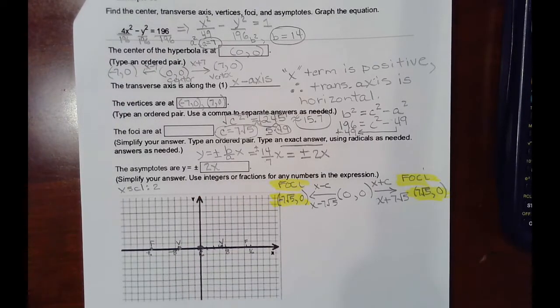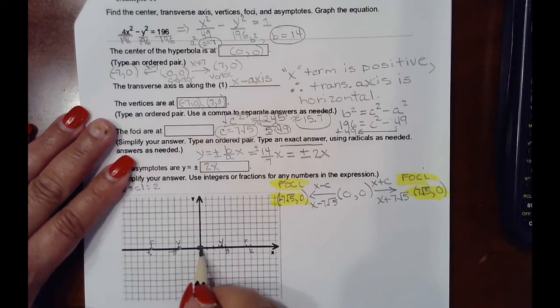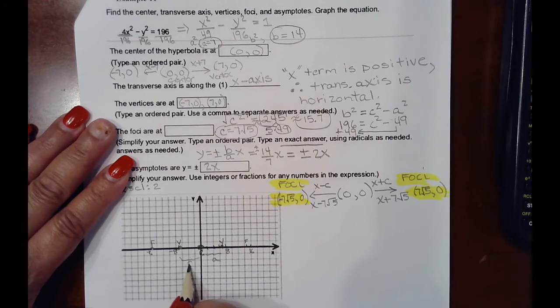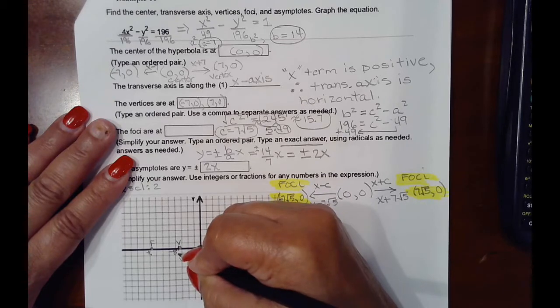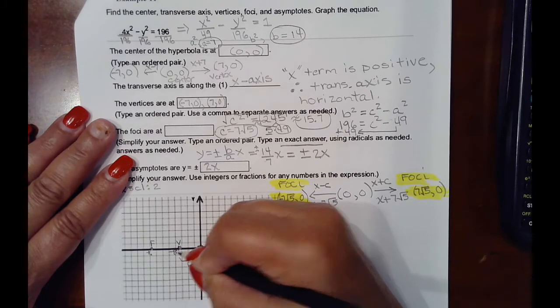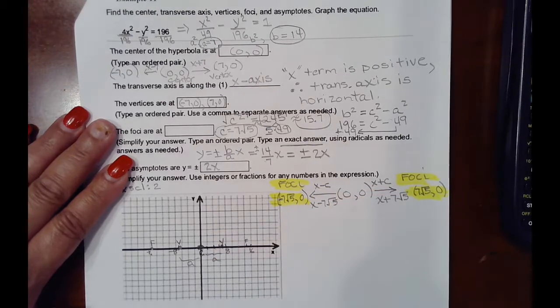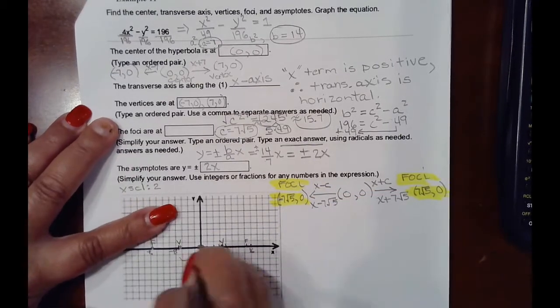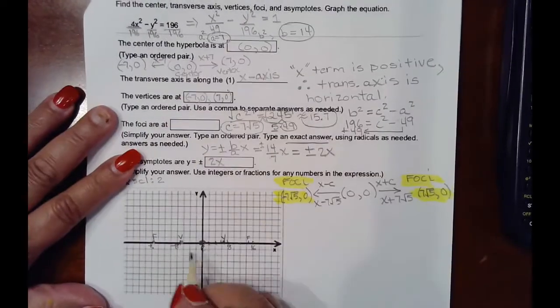Okay, so now if you want to actually get the graph, we already know that from here to here, from here to 7, that's your A distance right there. So we're going to make a box that goes as far right as 7 and as far left as negative 7. But you want to know how high to go with this auxiliary rectangle. I think I'm going to get this out of the way, just in case it gets in the way of my box.